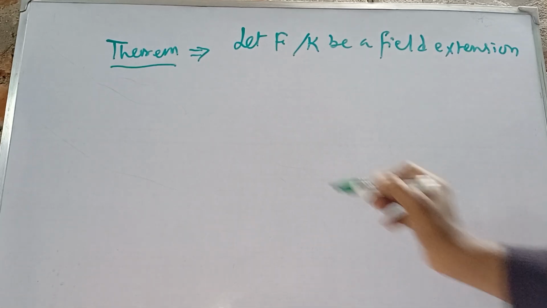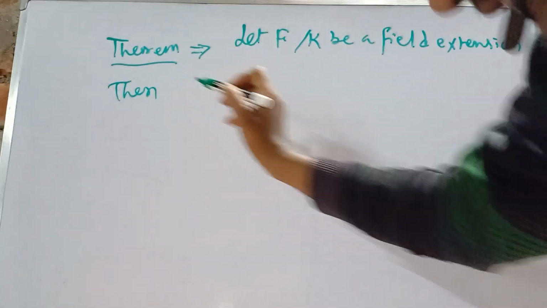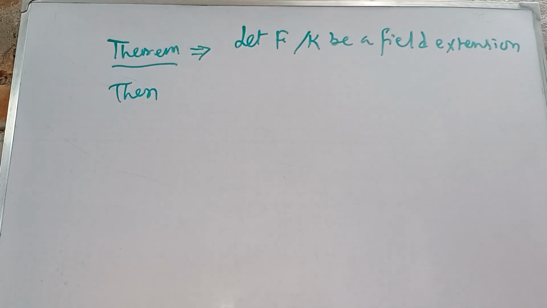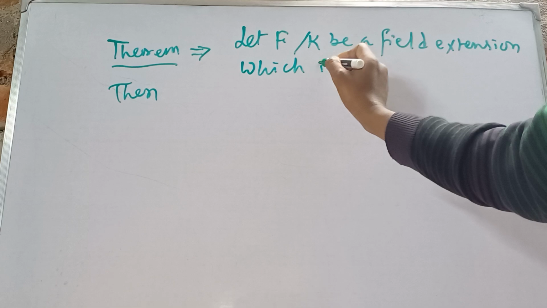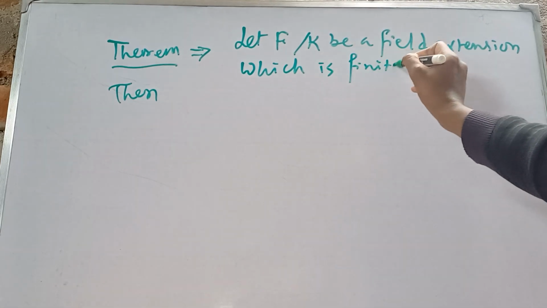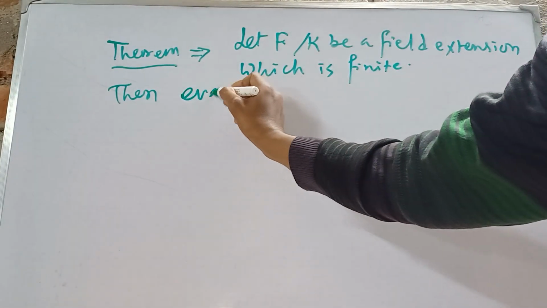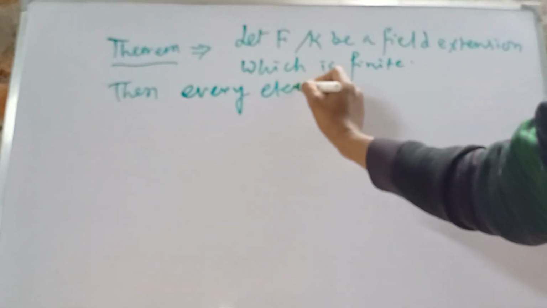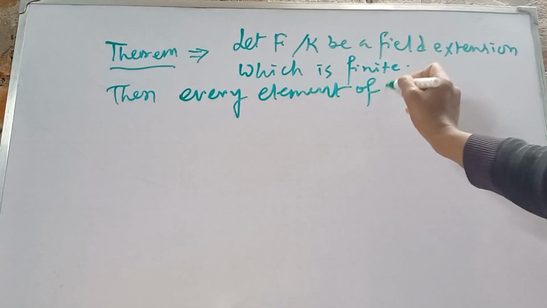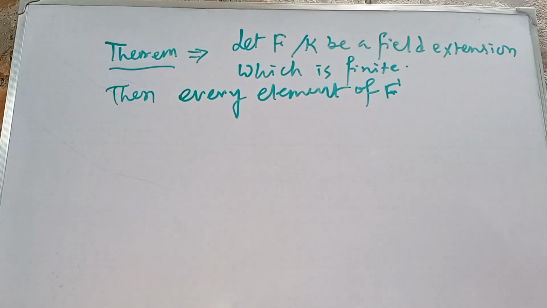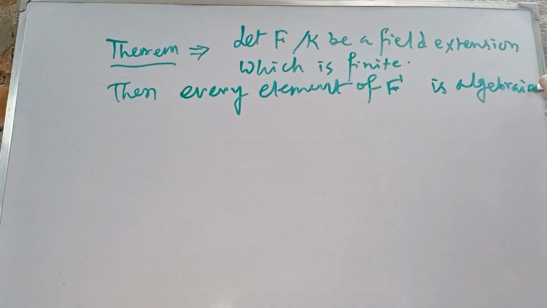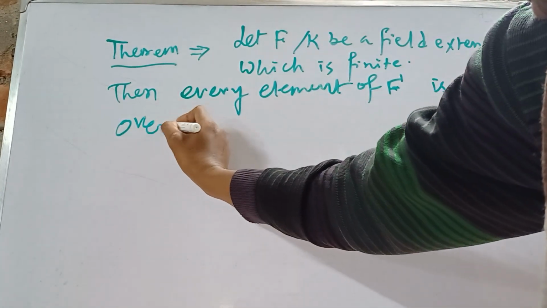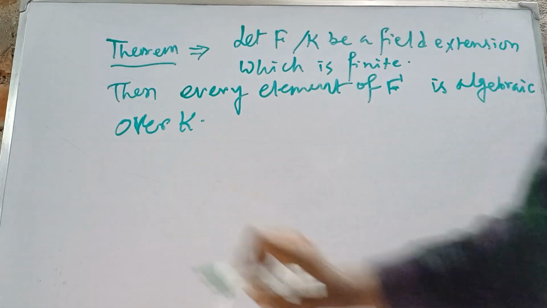Then every element of F is algebraic over K. Okay, we prove this one now.